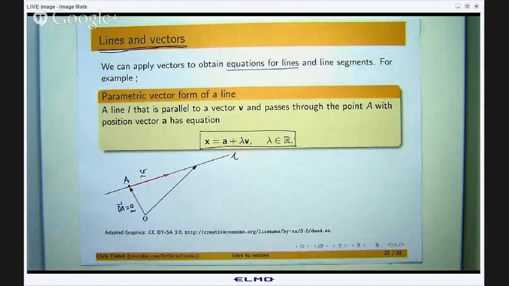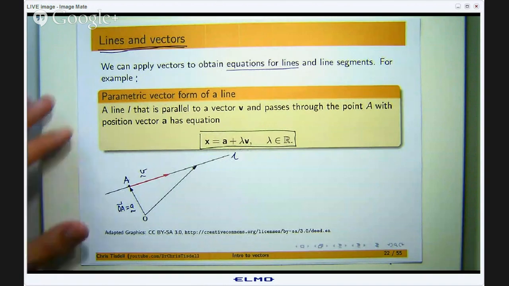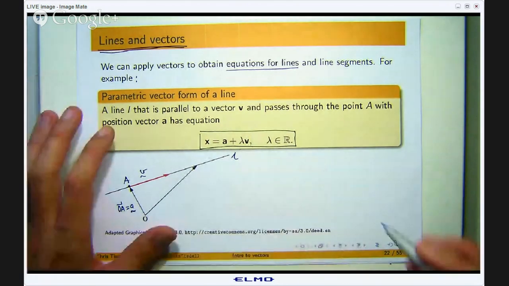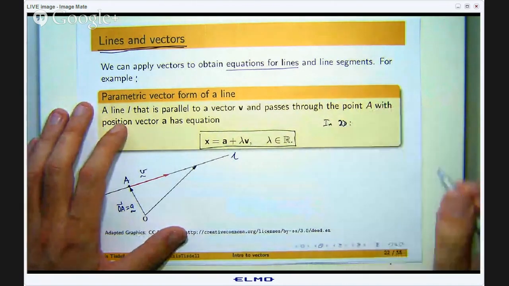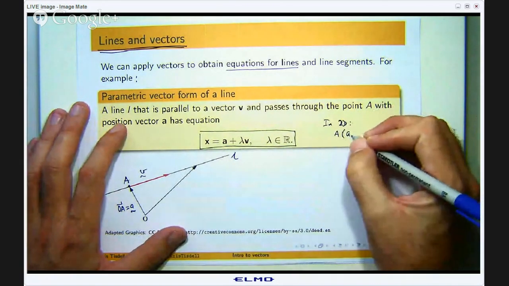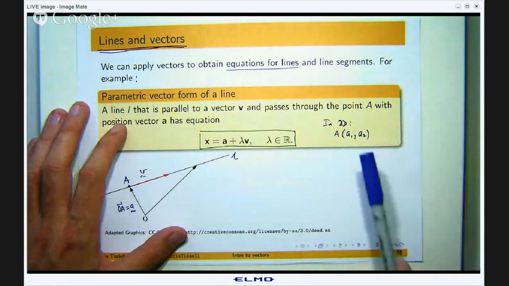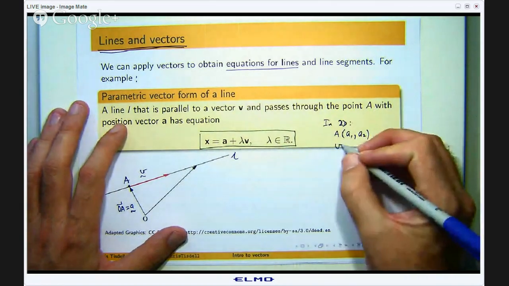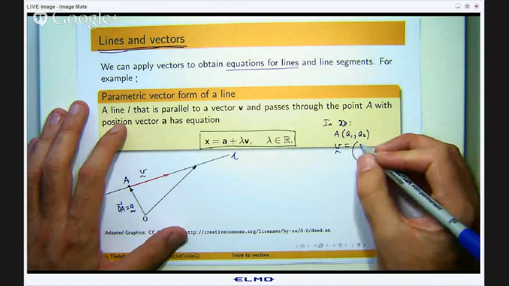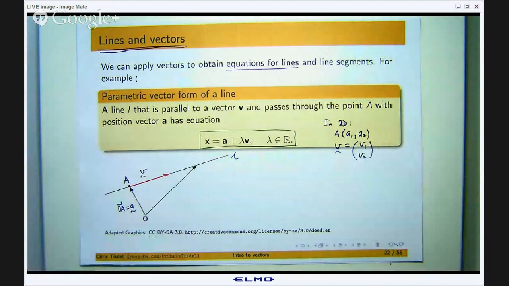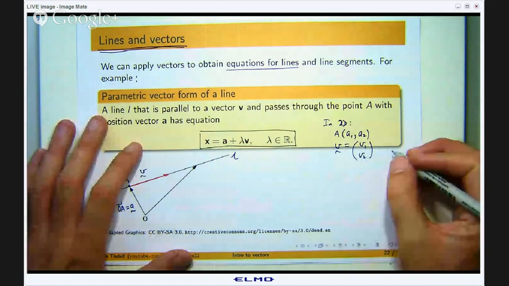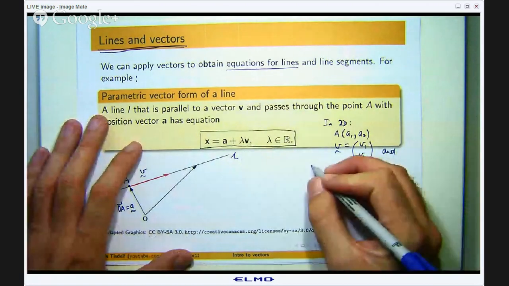Okay, so let me just break this down into the two-dimensional setting, because people are very familiar with lines in two dimensions, y equals mx plus c that you see at school. So in 2D, or in the xy plane, the point A would have, say, coordinates A1, A2, where A1 and A2 are just numbers, and the vector V would just be a two-dimensional vector with components V1 and V2. And the equation up here would be the following.